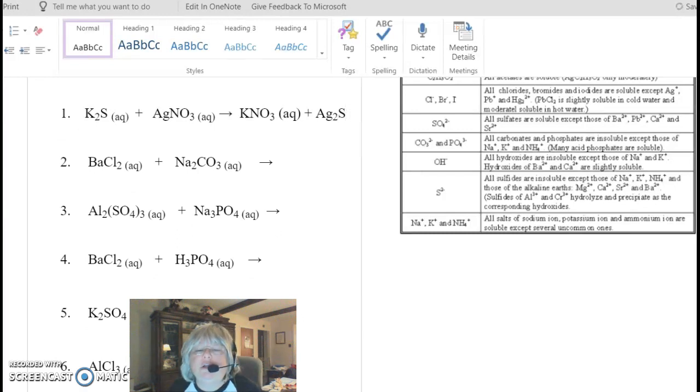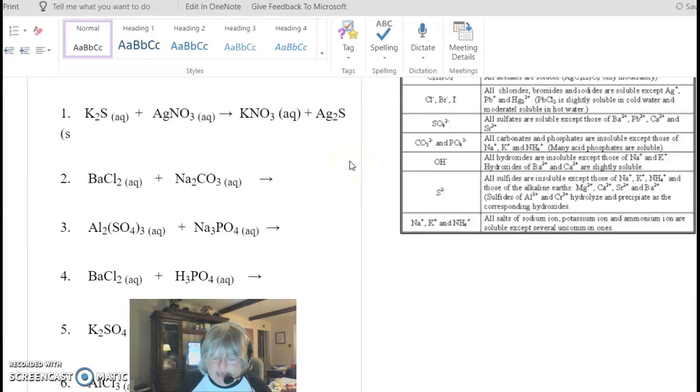So now I'm going to look and see, is this going to be a precipitate? Well, here's my table. It says all sulfides are insoluble except sodium, potassium, ammonium, and magnesium, calcium, strontium, and barium. So silver is not one of those. So that means it is going to be a solid.